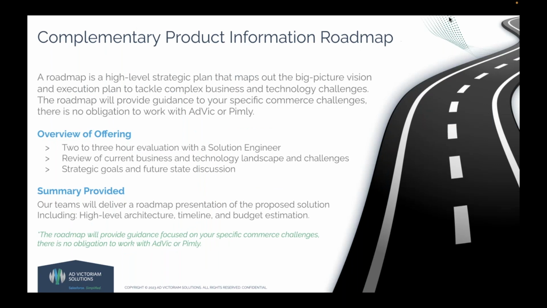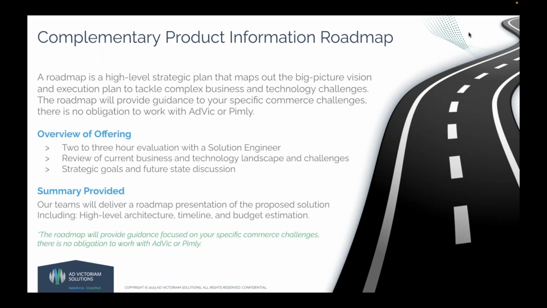Okay. And last but not least, here is the offer I mentioned earlier. We want to offer you a complimentary product information roadmap session. So a roadmap is going to be a strategic plan that maps out the big picture vision and an execution plan to tackle those complex business and technology challenges, obviously with the focus being around product information.